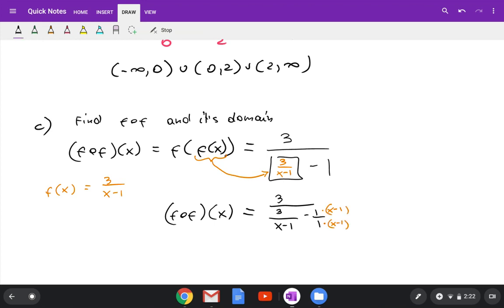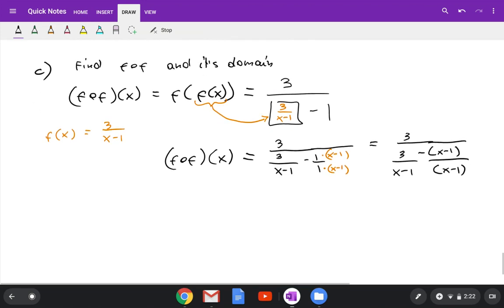Okay. So that will give us 3 over x minus 1 minus x minus 1 over x minus 1. Okay, let's simplify that denominator. So we're getting 3 over x minus 1.